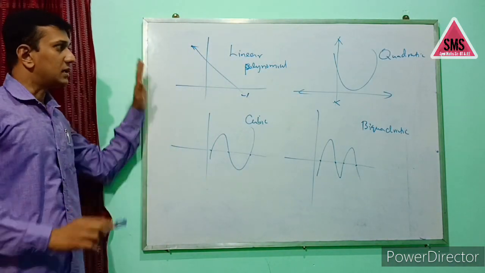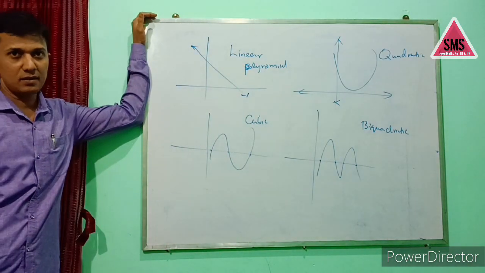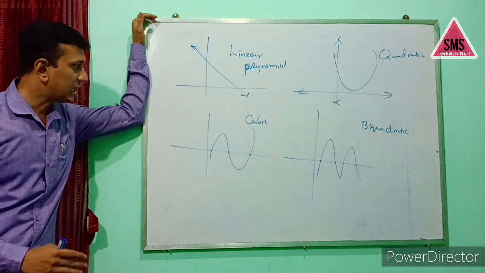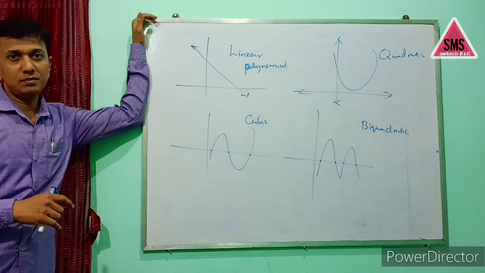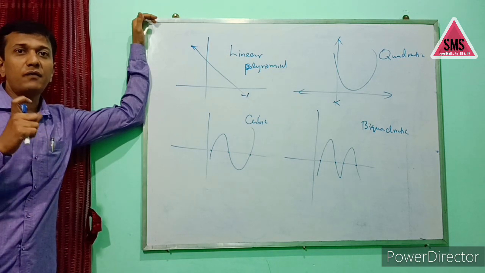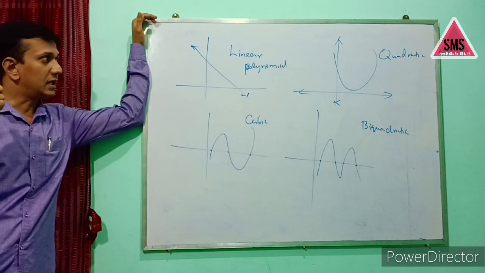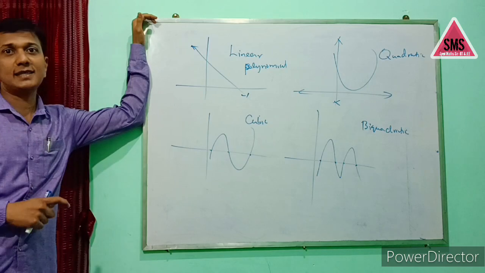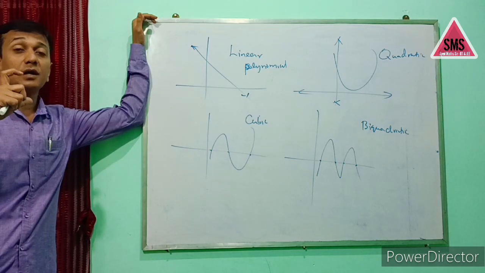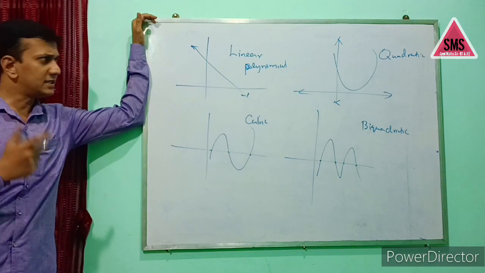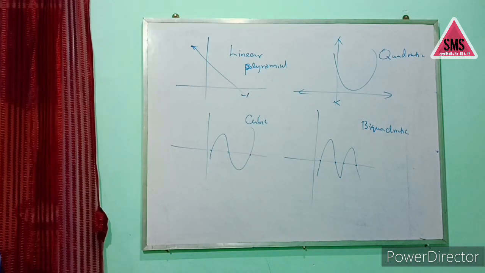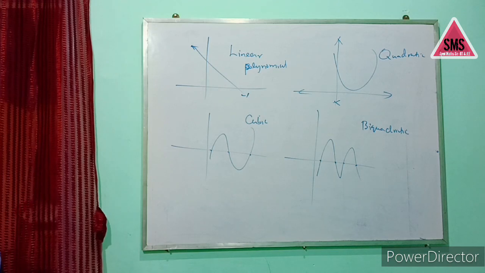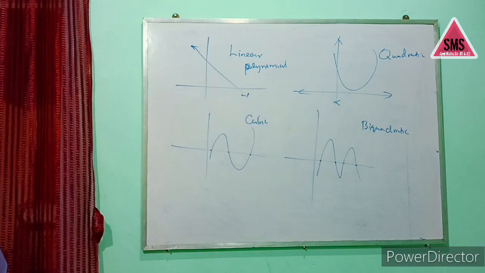Now, based on this also, some questions will be asked. They will give an equation and ask where the graph will touch the x-axis, or where the curve will not touch the x-axis. Let us take one example. We can see the question on the screen.